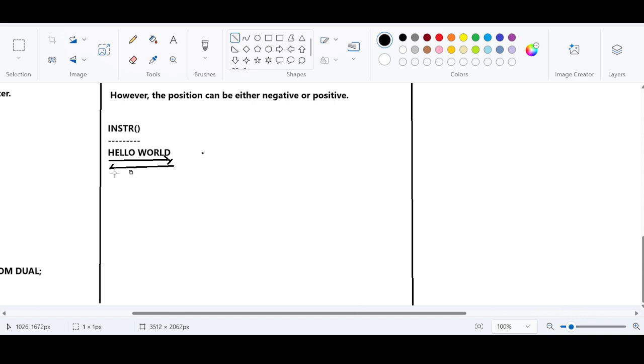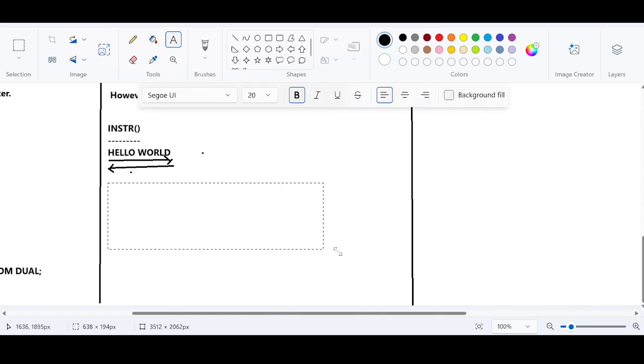If I want to find the first occurrence, the second occurrence, or the third occurrence, and you have such a requirement, you can go for the InStr function. Let us understand the syntax first.